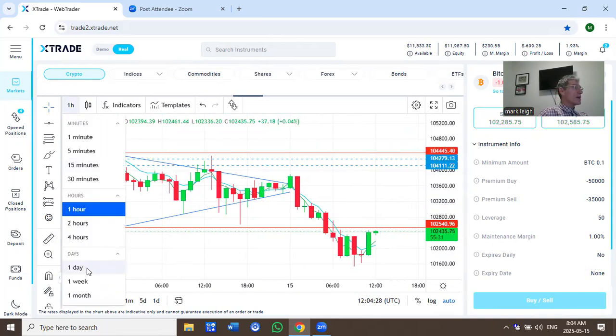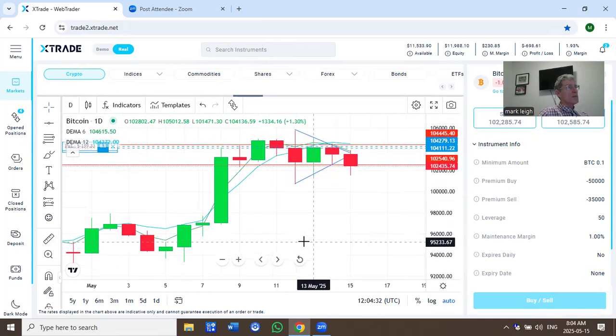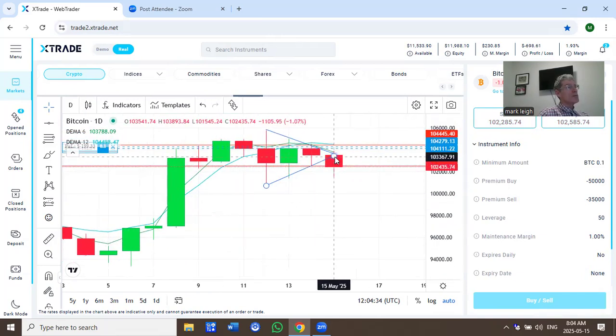We'll see how that plays out during the US session. And if I put that in, you can see the first break was to the downside. We'll see if sellers can maintain, can get back to where they took it earlier at the 101,000 mark, or if buyers step in, the small step in that we've seen going into the US session, if that can be maintained and we can get a break to the upside.